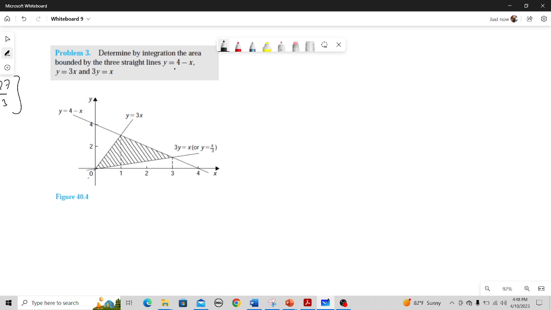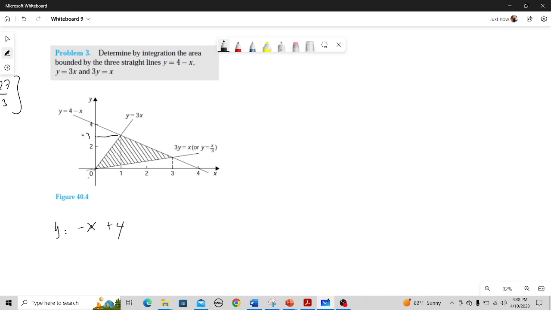So meaning the slope for y is equal to minus x plus 4 is negative 1. Negative 1 is 1 vertical to 1 horizontal.